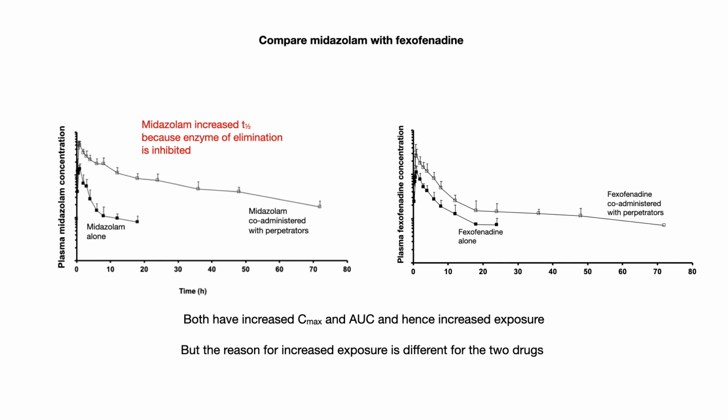Midazolam has an increase in half-life because it's the enzyme of elimination that is inhibited. But that's not the case for Flexophenidine, which has no increase in half-life, because what's being inhibited here is the efflux transporter, which is involved in absorption.